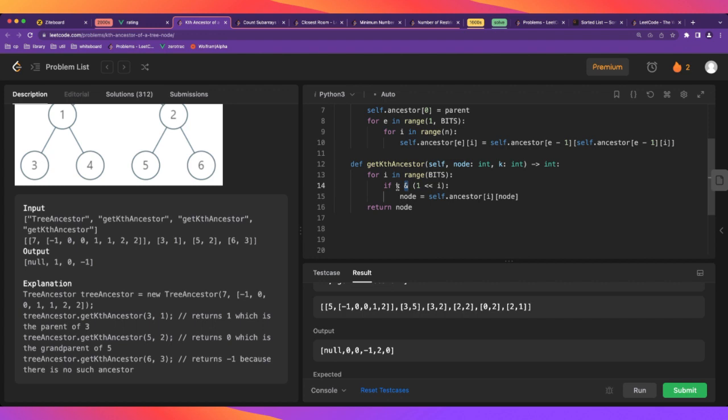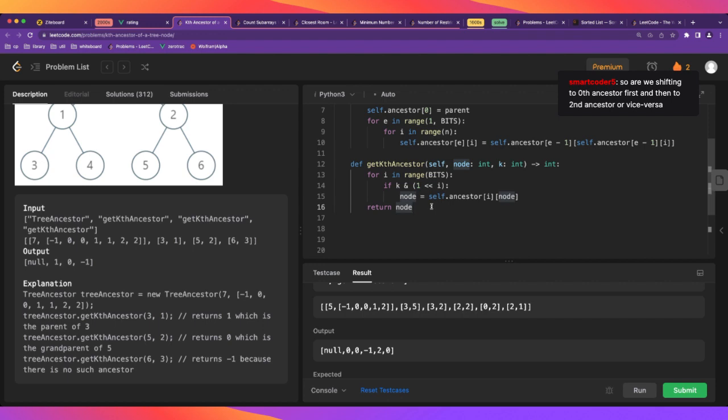And if it is on, it means that I want to make a jump of 2 to the i from the current node. So I make the jump, and I am now in a new node. I do that for every power of 2.